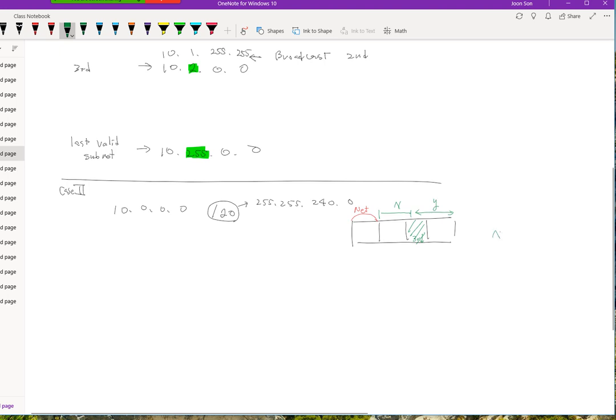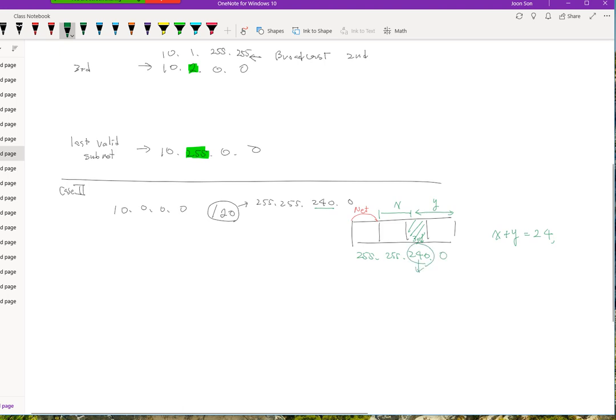So we know that x plus y is what? 24, right? And then for the 240, 255.255.240.0, right?